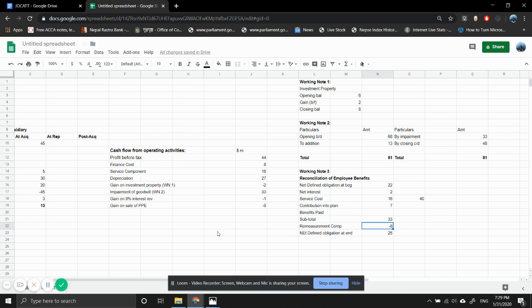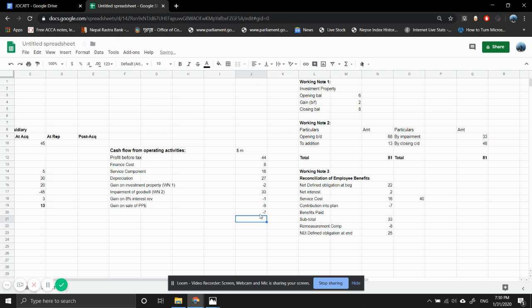So I should have added it up. That's where I missed. So it's minus 7. Okay, so remeasurement component. So our contribution into the plan is minus 7, right?